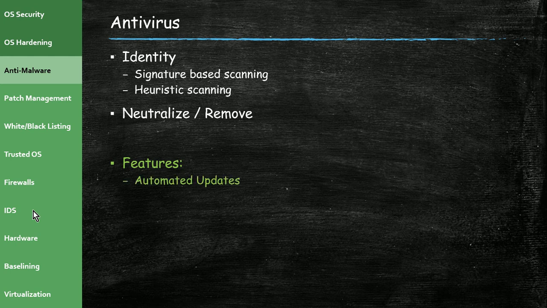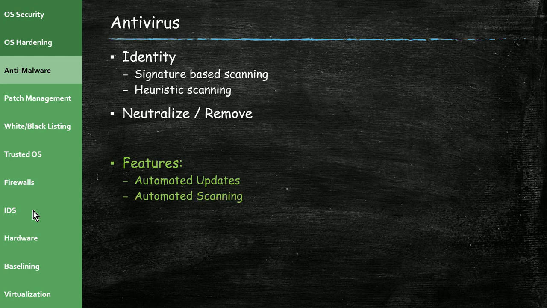Some of the features you'll have in most antivirus include automatic updates for that signature-based and heuristic-based scanning. They'll automatically update it with either new techniques for the heuristic scanning, new behaviors that they're looking for. And of course, the more important one is the signature-based scanning. As new viruses are identified, those signatures are added to a signature database in the antivirus.